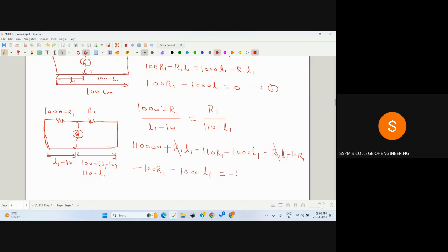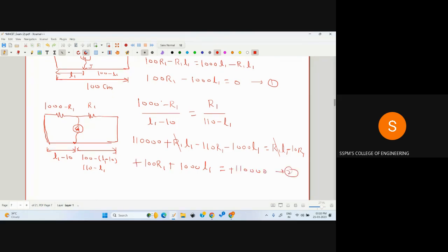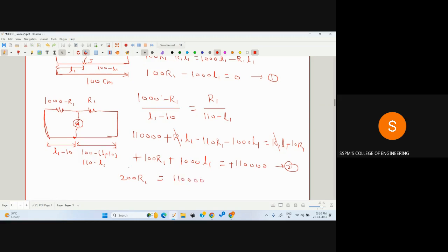It's very easy. Take the summation. You will get the summation of these two equations. 100 R1 plus 100 R1 gives 200 R1. Minus 1000 L1 plus 1000 L1 will be cancelled, equal to 110,000. Then find R1.